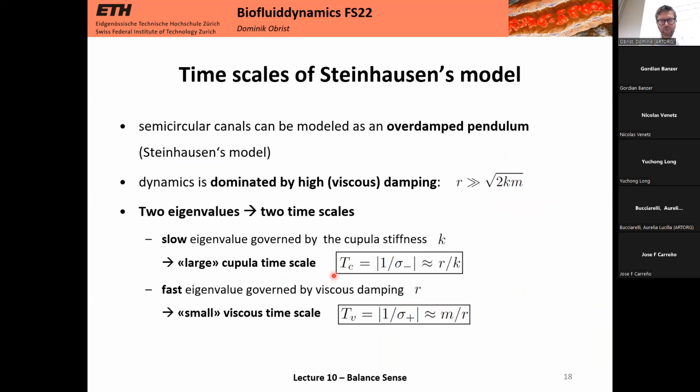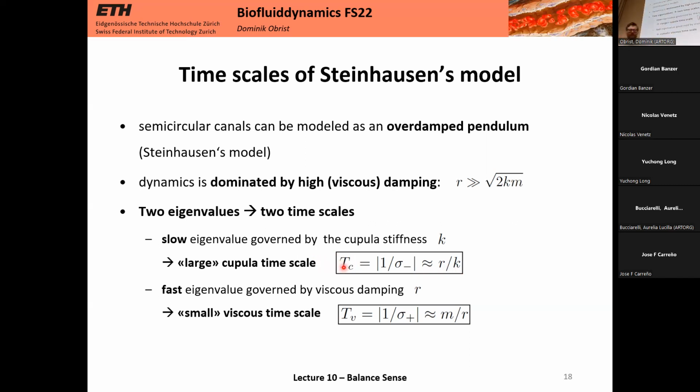And we see that one of these timescales is like R, the damping, which we know is large, divided by K. And K is the stiffness of the cupola. And I told you a few minutes ago, the cupola is very soft. So K is small and R is large. So this is a rather large timescale.